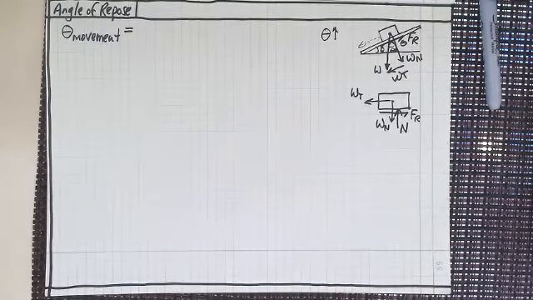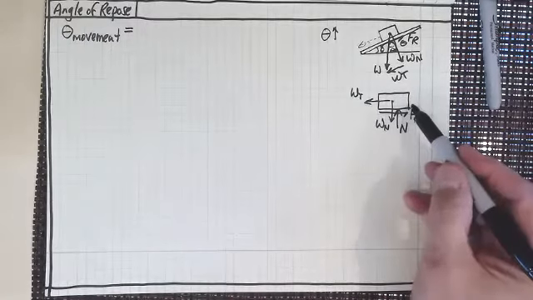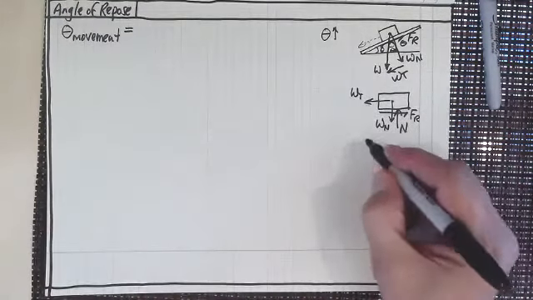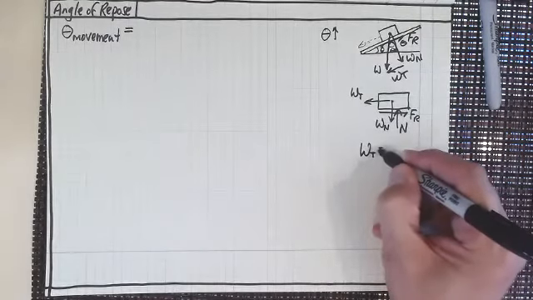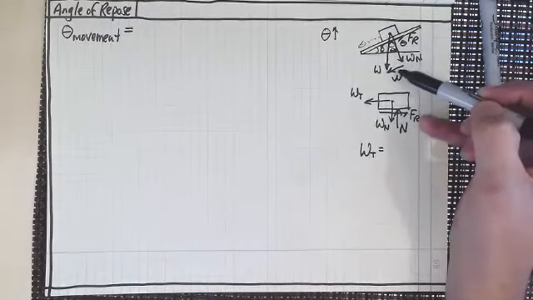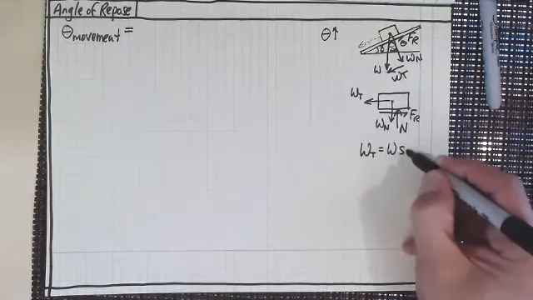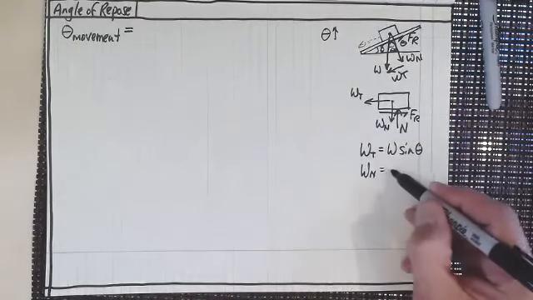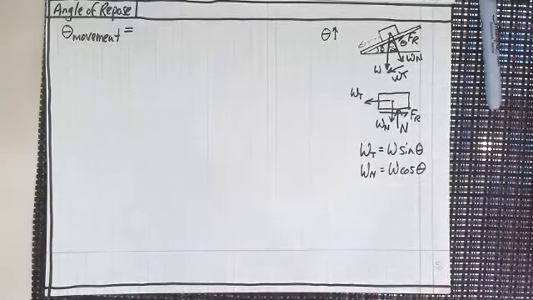So what we want to do is find out where that is going to be. The two opposing forces that we have here for motion are going to be W sub t and F sub r. We know that W sub t is going to be W times the sine of theta. And W sub n is going to be equal to W times the cosine of theta, whatever W is.